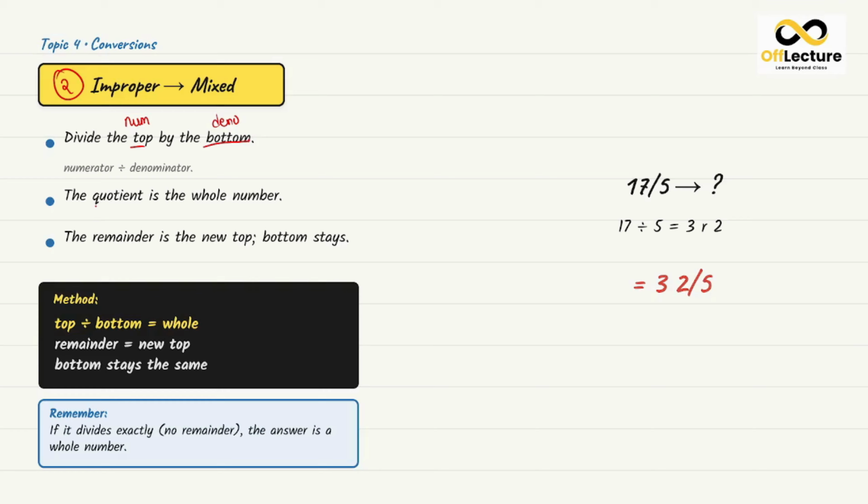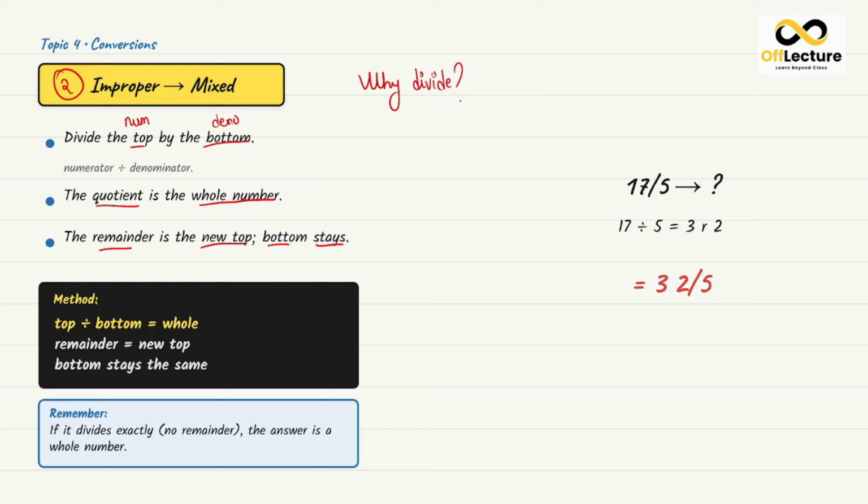Okay, the quotient of that division is my whole number, and the remainder is my new top, or numerator, and again the bottom, or denominator, will remain the same. So you may ask why we are dividing. Because we are finding how many full ones these parts can make.